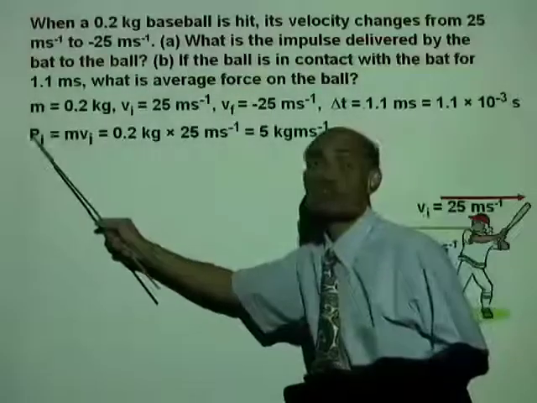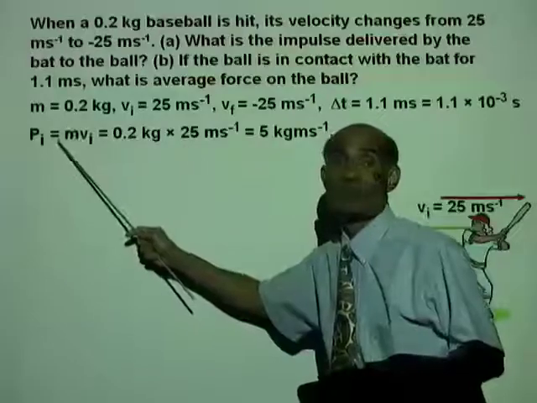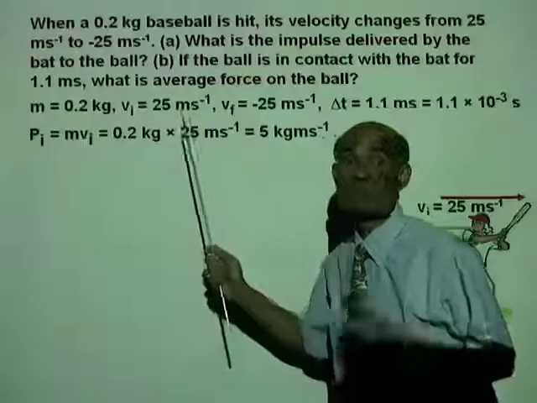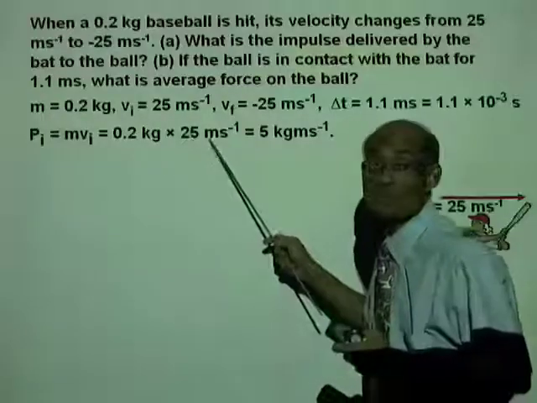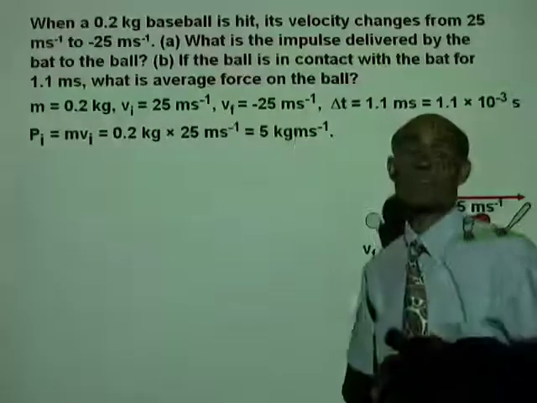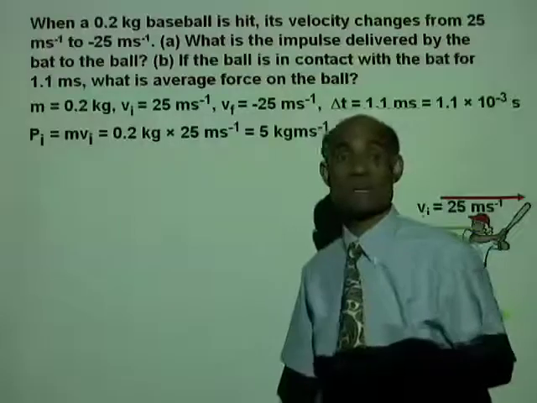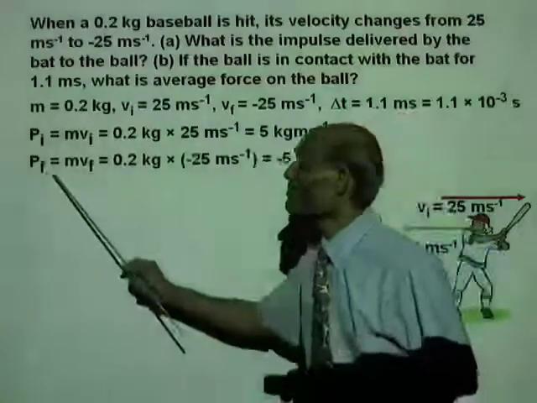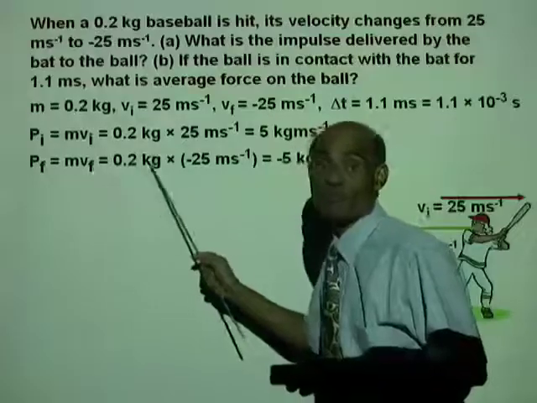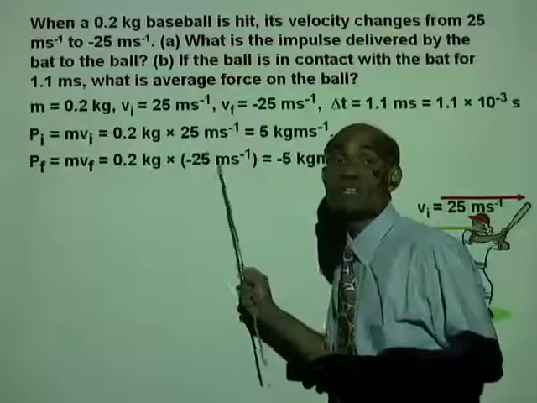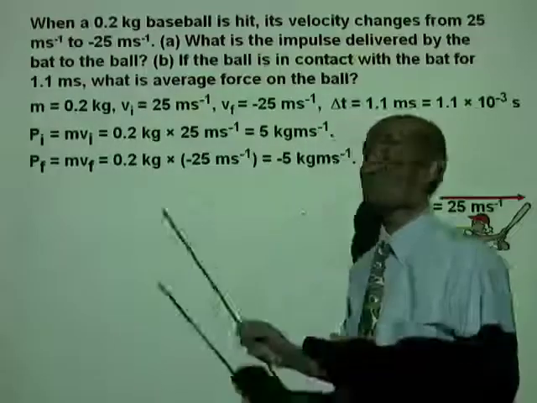Therefore, what is the initial momentum? Initial momentum is m times vi, that is 0.2 times the initial velocity, that is 5 kilogram meter per second. What is the final momentum? The final momentum is m vf, and vf is negative 25 meters per second.